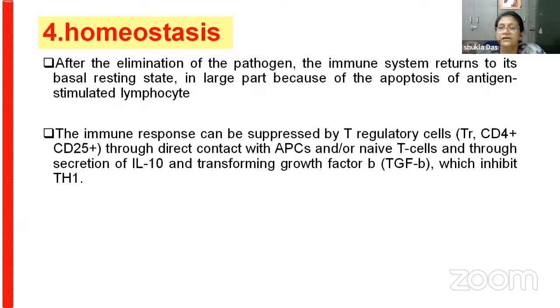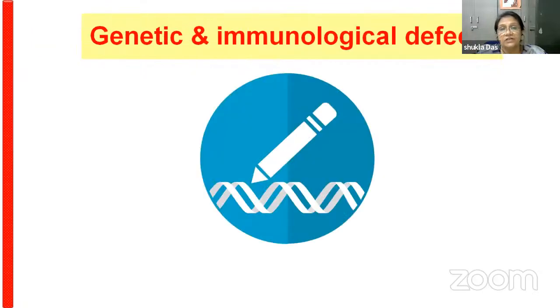That's why T regulatory cells could not bring down the Th1. So if the host is normal, healthy, the regulatory cells will be in enough number to bring down the inflammation and restore homeostasis.